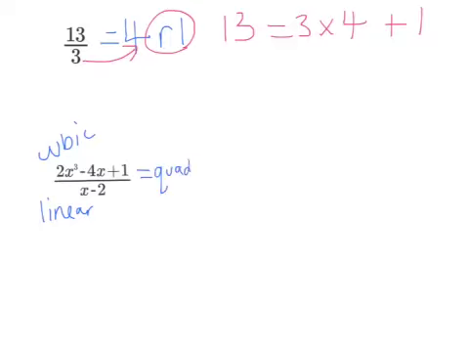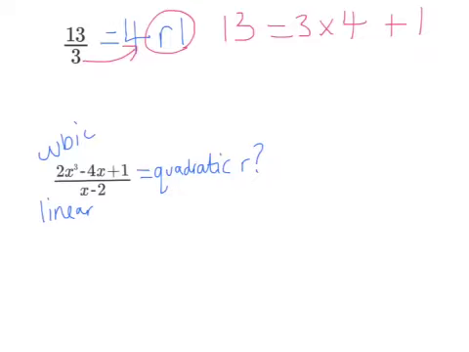Why does that work? Because x cubed divided by x is x squared. I don't know what the quadratic is, so I'm just going to call it a quadratic. And then I will be left with a remainder, and I don't know what the remainder is, so I'm just going to call the remainder a question mark.